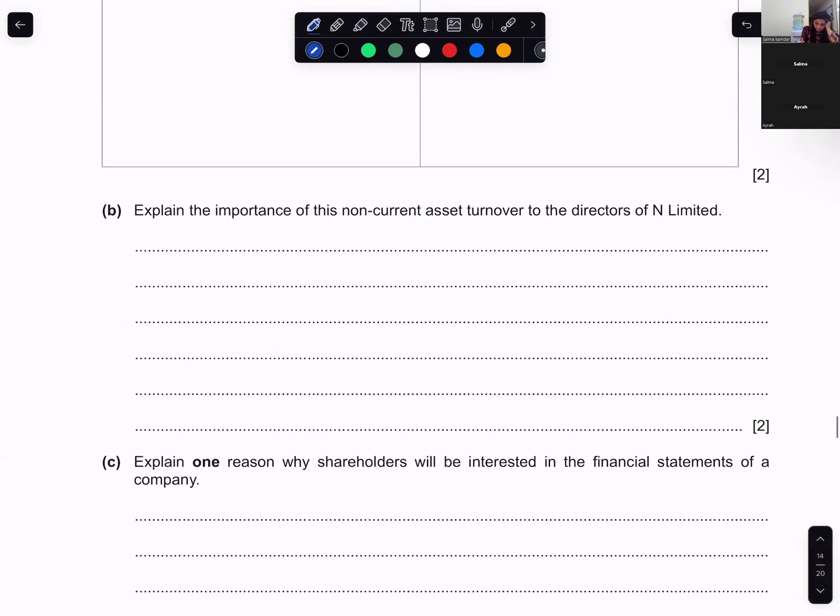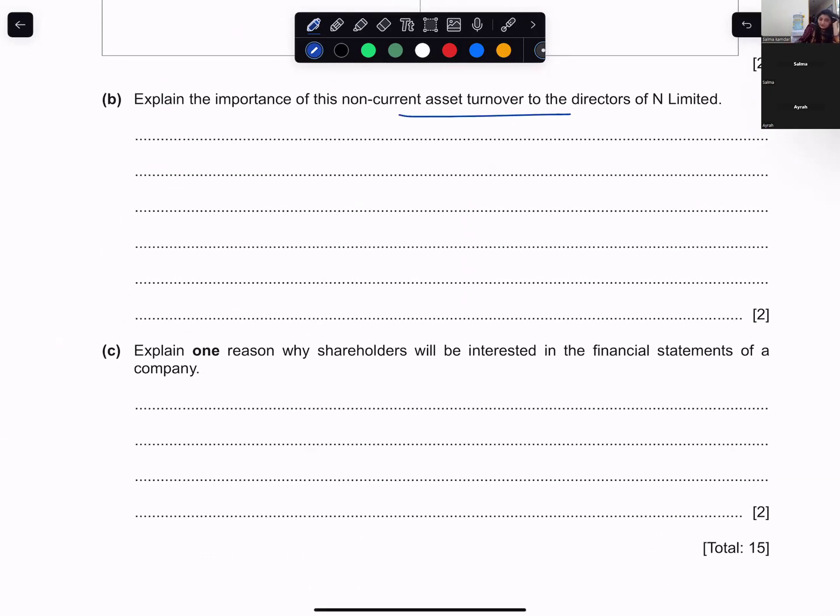What is the next question of 3B? Explain the importance of this non-current asset turnover to the directors of N Limited. First you will write what the ratio shows you. The turnover happens 0.69 times: how efficiently the assets are used to generate revenue. Why is this ratio important?